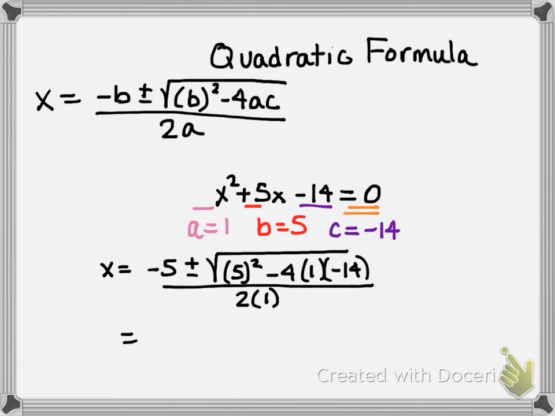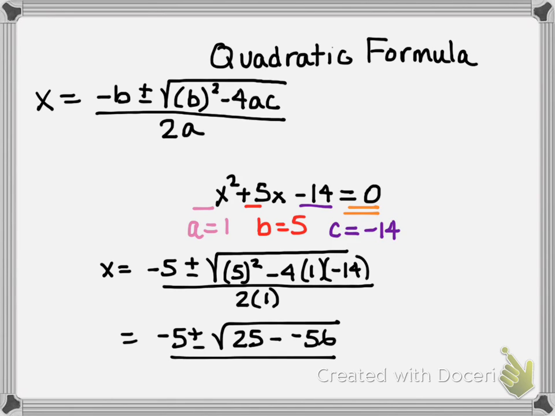When you plug that 5 squared minus 4 times 1 times negative 14 into your calculator, that's called your discriminant. When we figure out what that is, it comes out to be 25 minus a negative 56, all over 2, which then we're going to simplify.